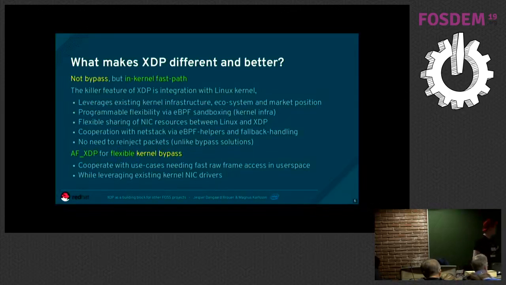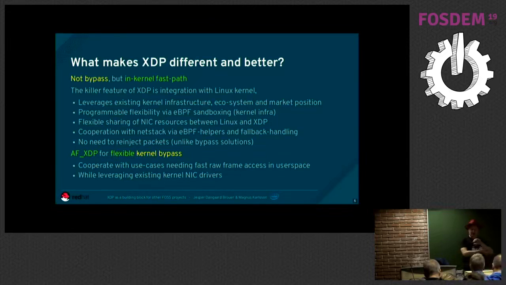So why is it different and better? Well, it's not bypass, it's an in-kernel fast path. And the really killer feature is that we've integrated it into the Linux kernel. We are leveraging the existing ecosystem, as everybody here knows, and that's fairly strong.